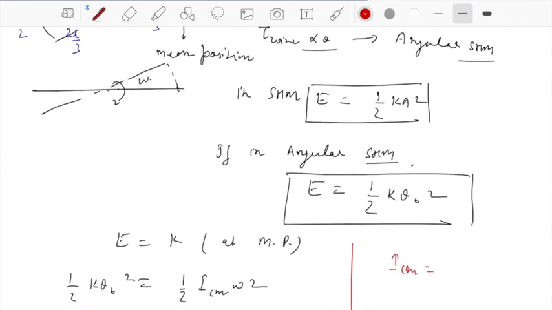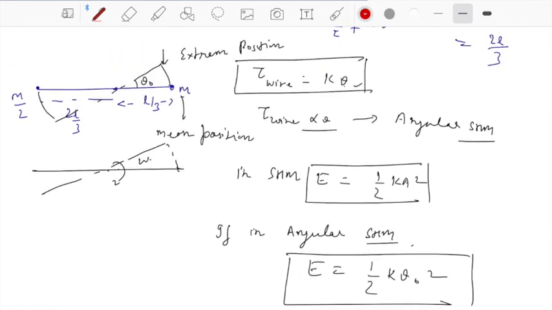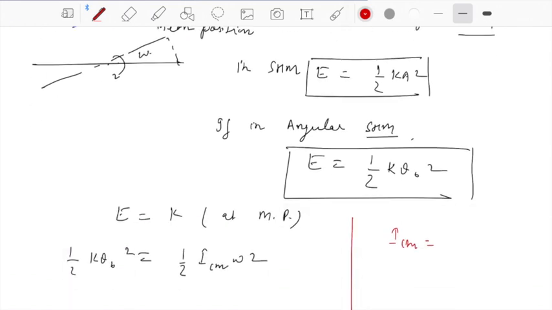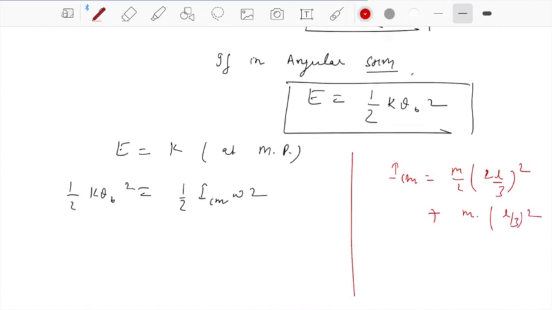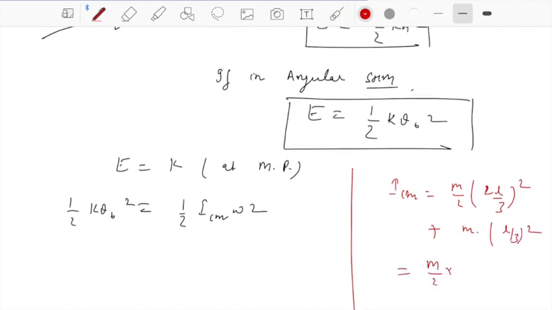So now if you talk about I cm, rotational motion is entering. For m by 2, the distance is 2L by 3, whole square, plus for m, the distance is L by 3, whole square. We get m by 2 into 4L square by 9 plus mL square by 9.